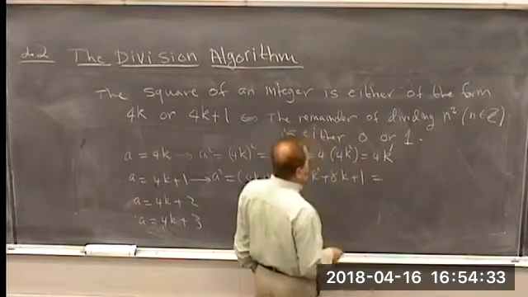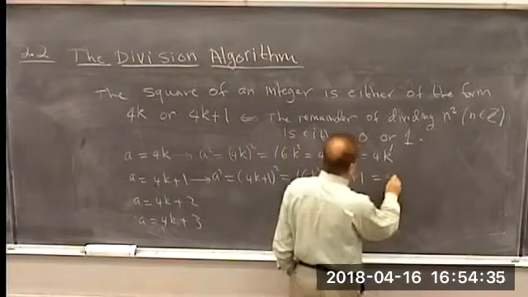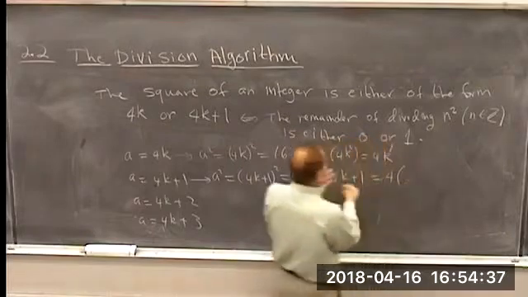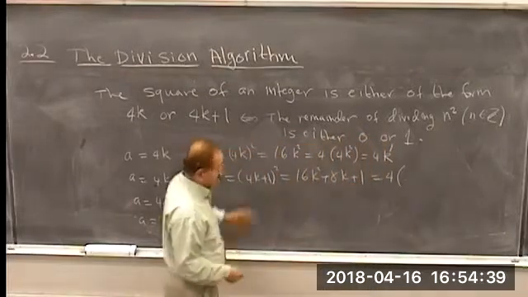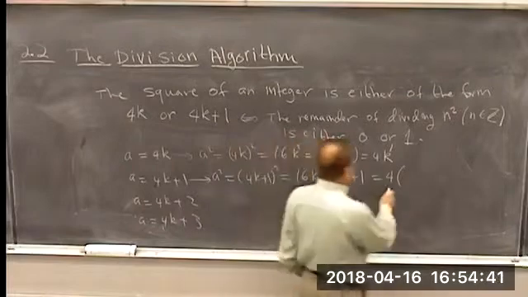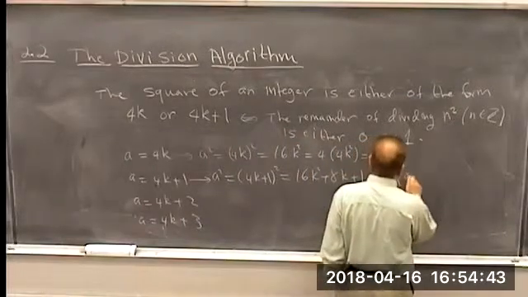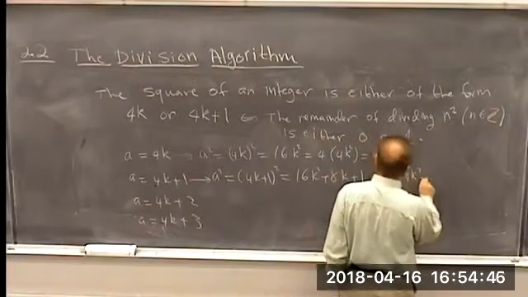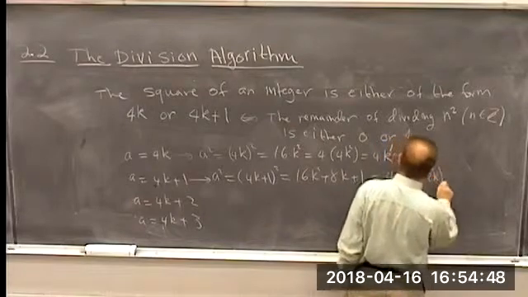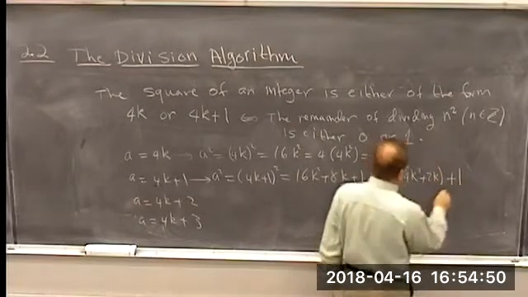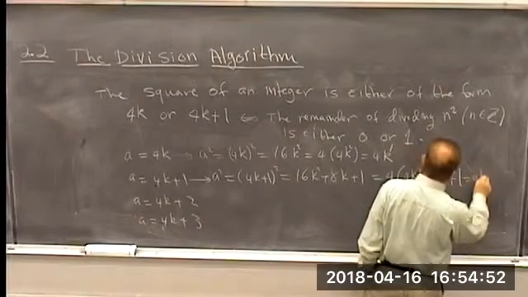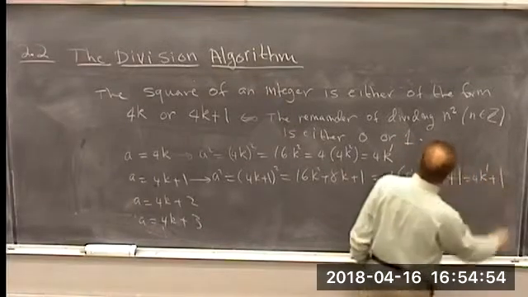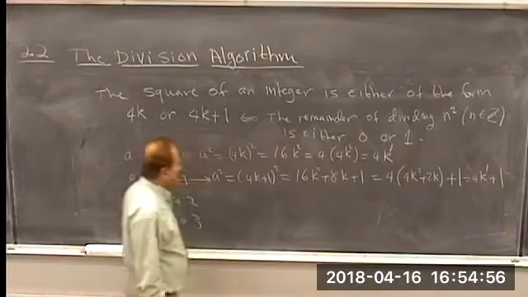Of course, you can write it in a different form, but say for sure it is of the form 4(4k squared plus 2k) plus 1, which we can again write as 4k prime plus 1. So it has this form.